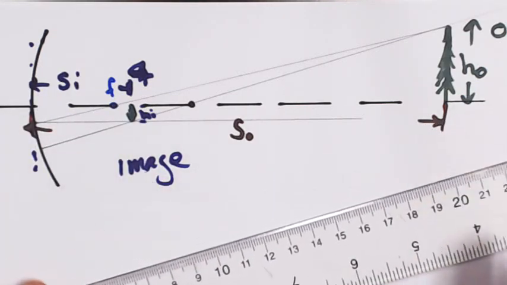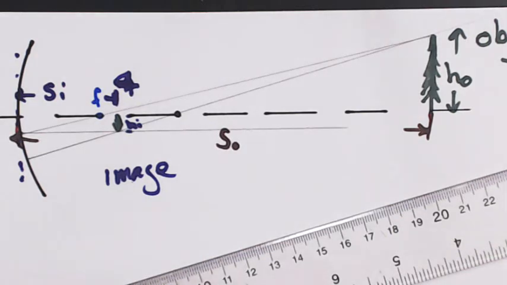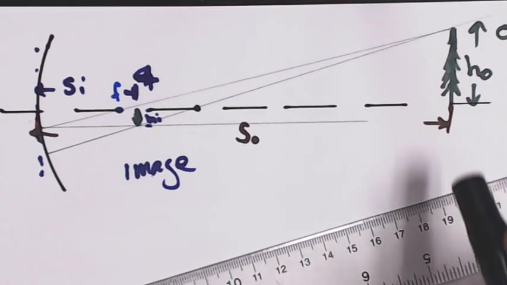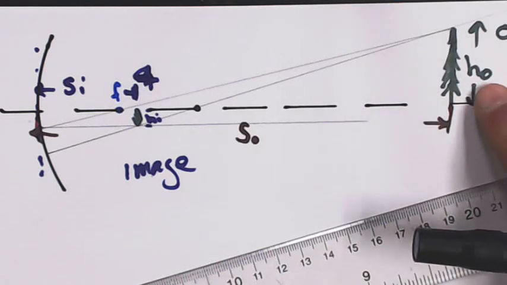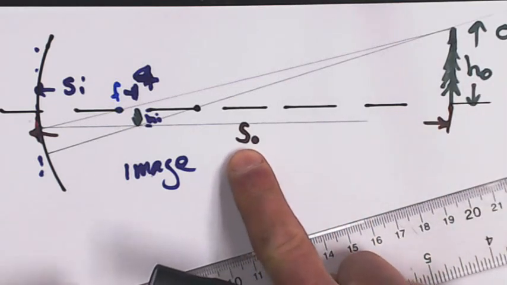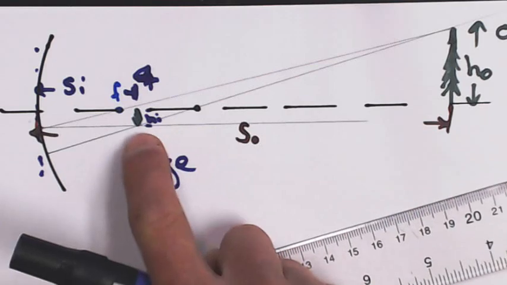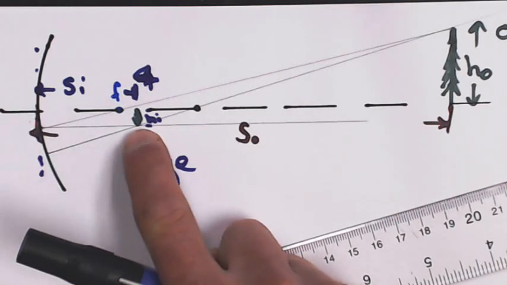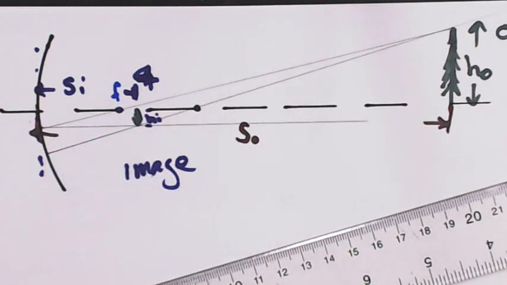So I have four variables: the height of my object, distance of my object relative to the mirror, height of my image, distance to the mirror.